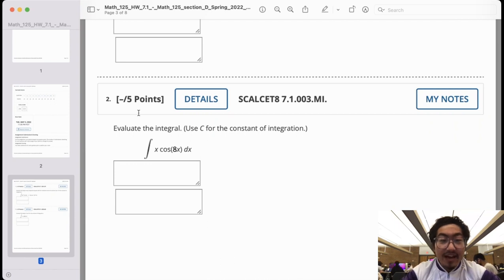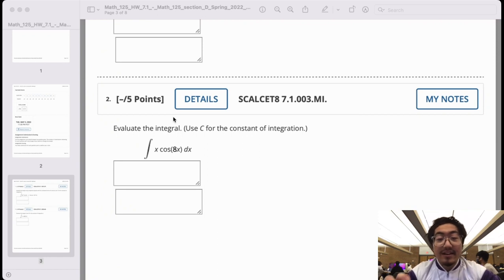Now number 2. When you have a product with a trig function, what you're going to do is set u and dv so that it is nicer to integrate.